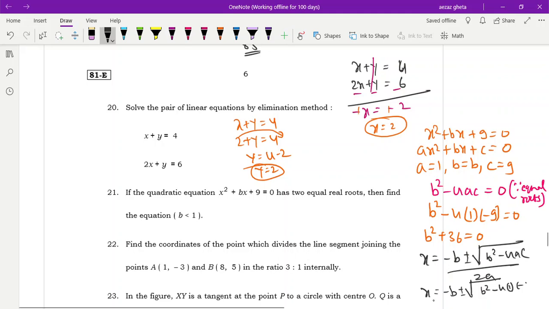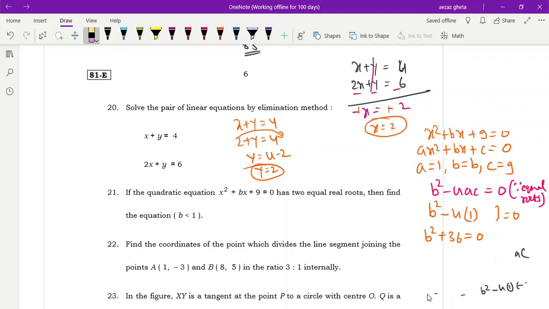Why did I write minus 9 here? That's wrong, correct? This is 9. So we'll get b square minus 36.